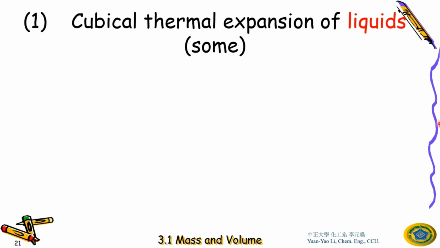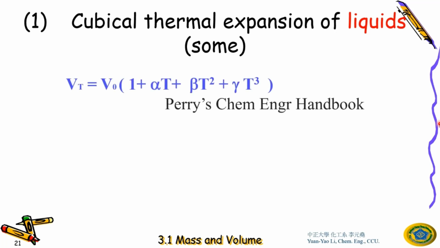This is cubical thermal expansion of liquids. For some of the liquids, the volume related to the temperature follows this equation: Vt equal to V0 bracket 1 plus alpha T plus beta T power 2 plus gamma T power 3.